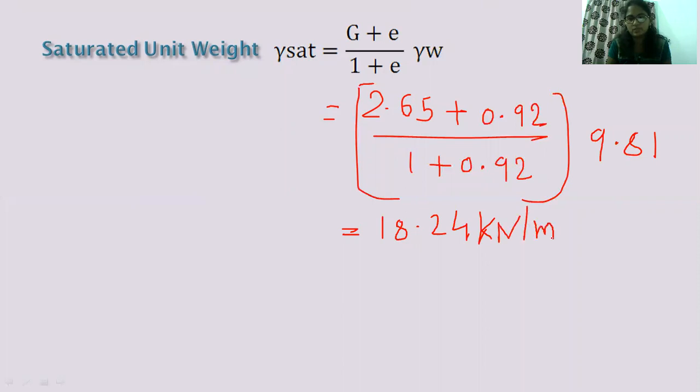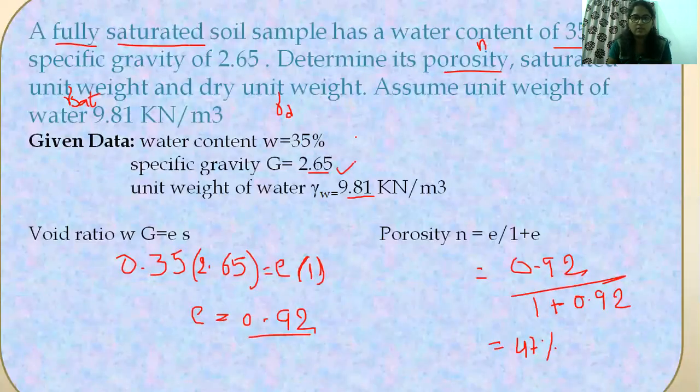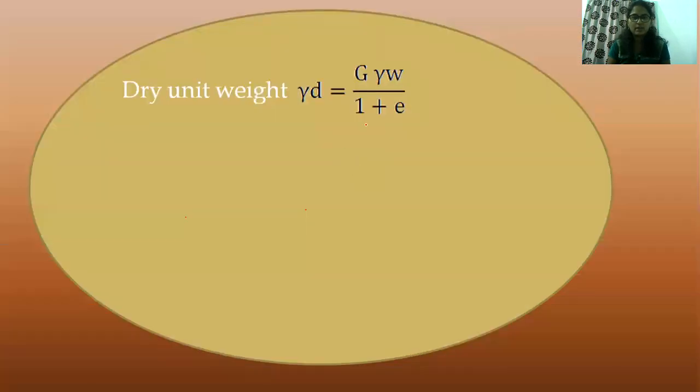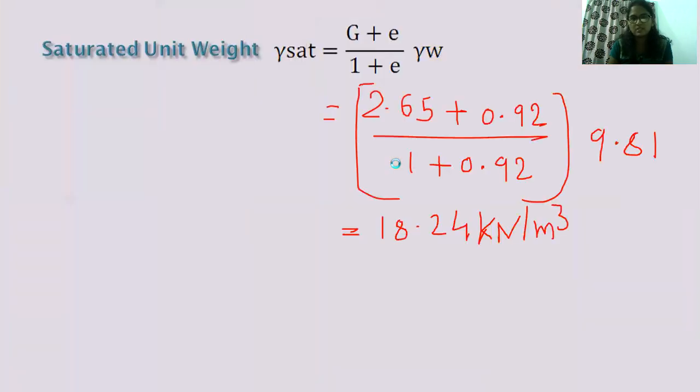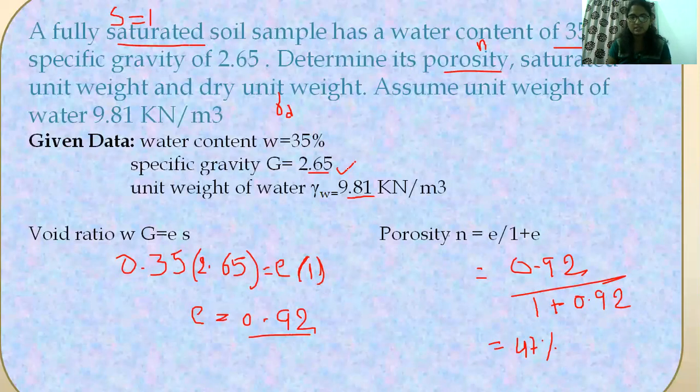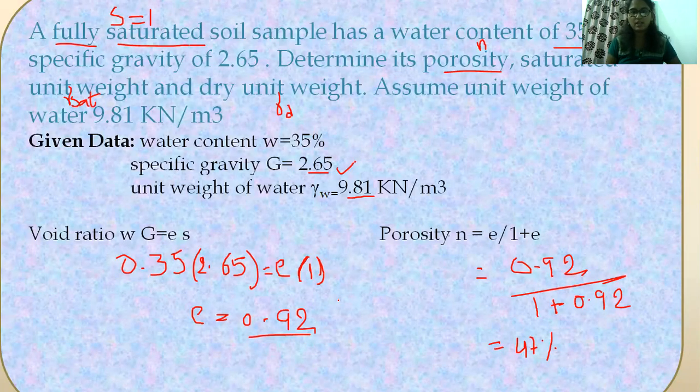And the third one, we can determine the dry unit weight. The dry unit weight formula: gamma d is equal to G gamma w by 1 plus e. G is equal to 2.65, e is equal to 0.92.